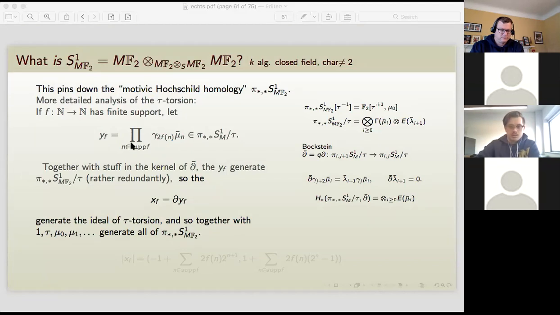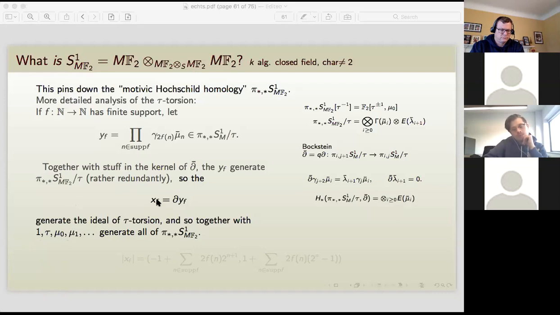So together with the fellows that are not tau torsion, 1, tau, mu naught, and so forth, they will generate all of Mackey topological Hochschild homology. So hence we know generators for Mackey topological Hochschild homology. They're given by the taus and the mu's. The mu's, as usual, the tau is the new thing from Mackey topological Hochschild homology. And in addition, we have these tau torsion elements.